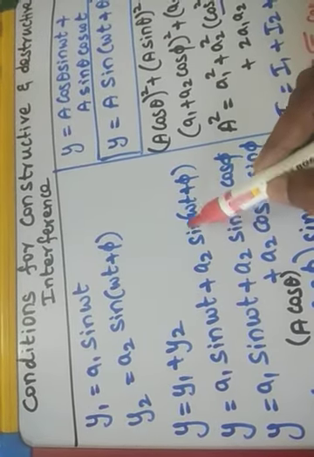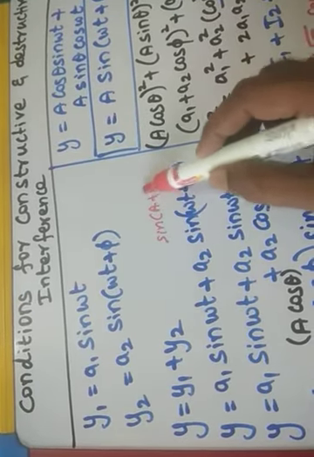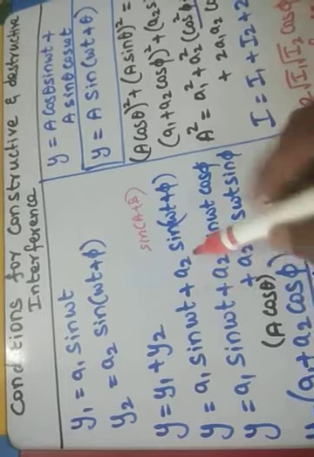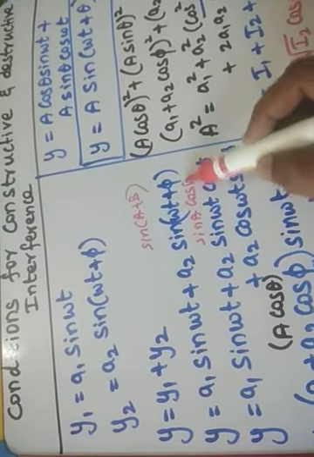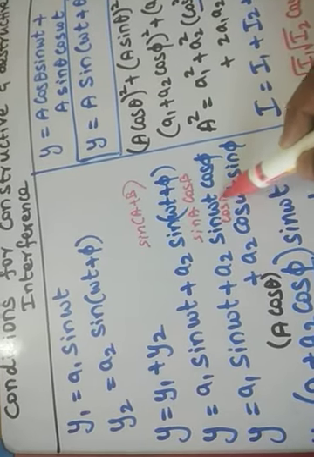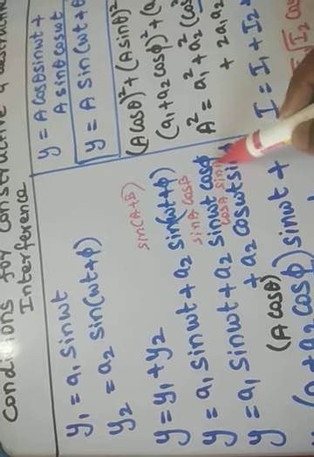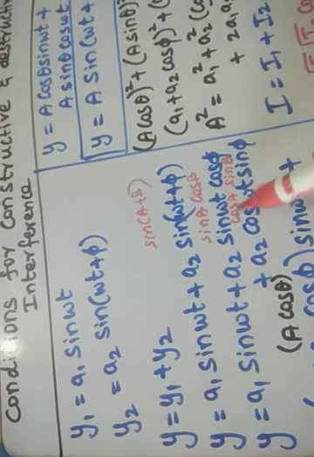So this is sin (a plus b), which is sin a cos b plus cos a sin b.